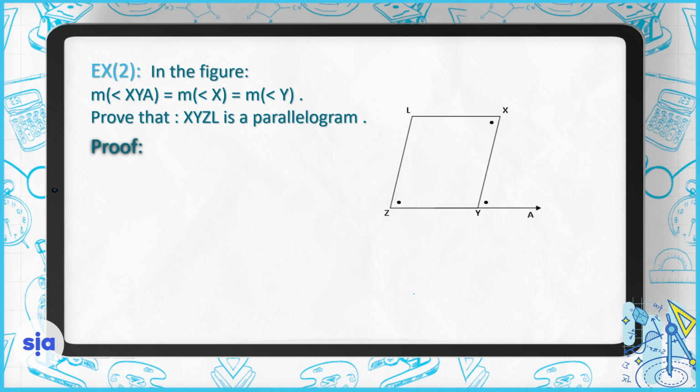Exercise number 2. In the opposite figure, if the measure of angle XYA is equal to the measure of angle X is equal to the measure of angle Y, the question wants me to prove that XYZL is a parallelogram.